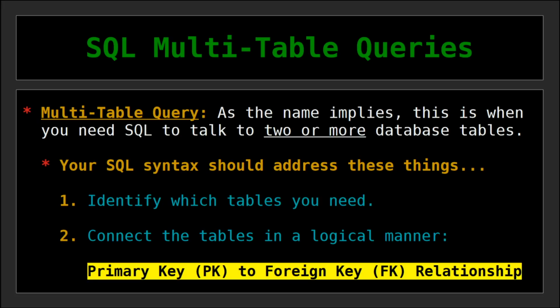You want to double check that any information your query gives back is actually valid. And where it can get off base is if you don't have this primary key to foreign key relationship baked into your SQL syntax.